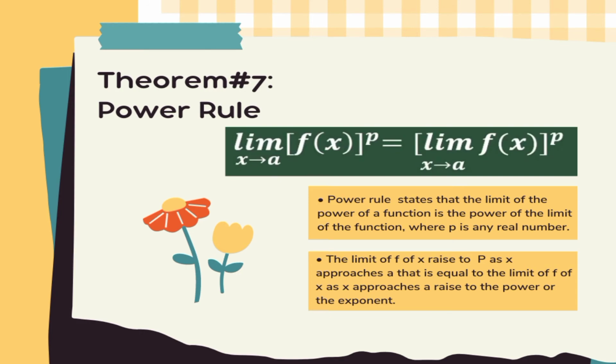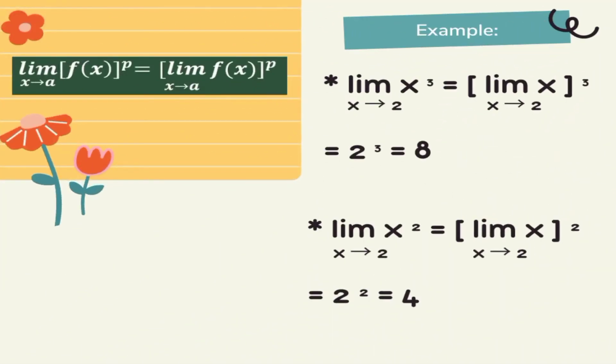To illustrate, let's have our example. For the example, we have the limit of x raised to 3 as x approaches 2. Applying the power rule, or theorem number 7, that would be the limit of x as x approaches 2, quantity, to the power of 3.